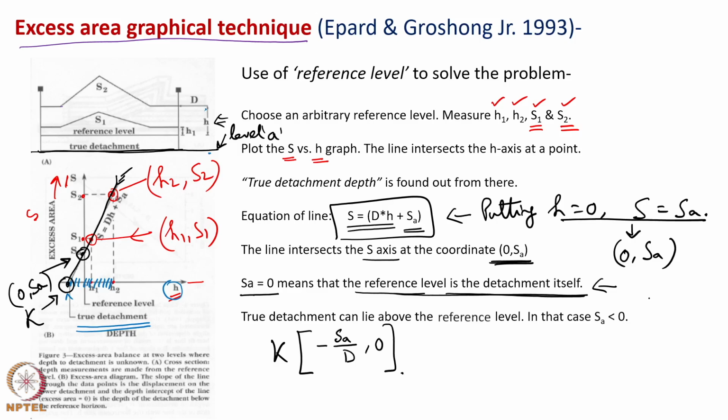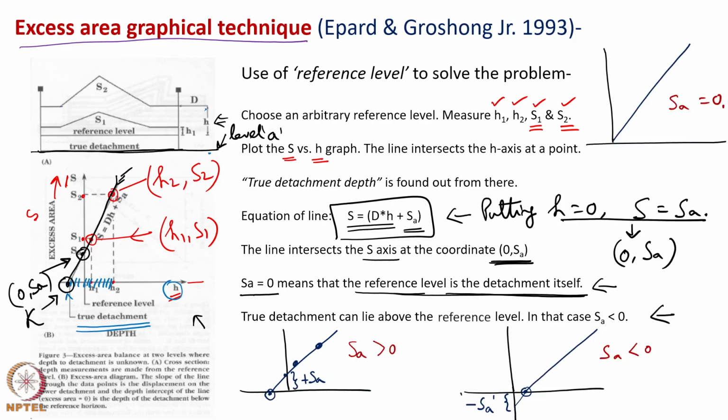Now, let us understand this statement. True detachment can lie above the reference level. In that case, SA is less than 0. In this particular case, this is the drawing, and the detachment depth we have considered in this diagram is a case of SA more than 0.